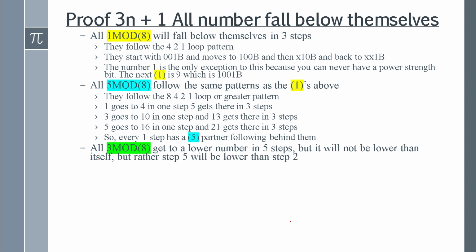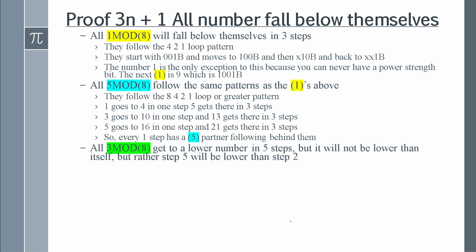All 3 mod 8s get to a lower number in 5 steps. Right? So in 2 steps they're going to be at a 1 mod 4 number, and then a 1 mod 4 will always be below itself in 3 steps.